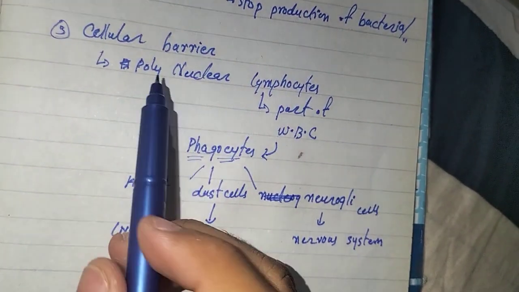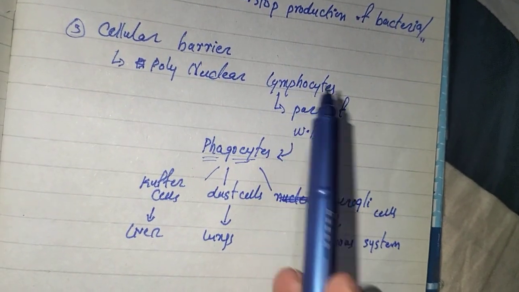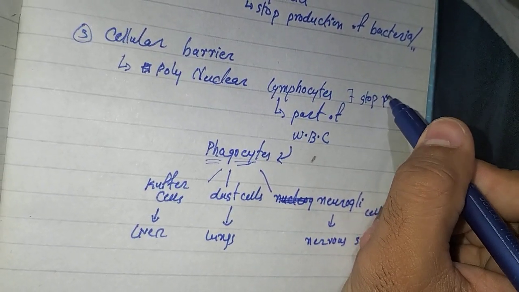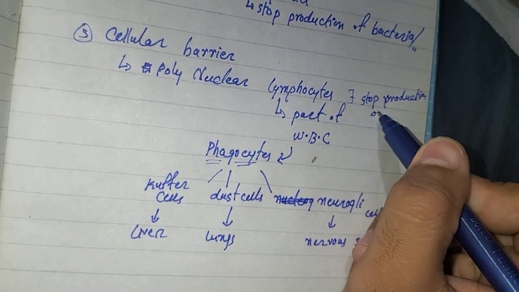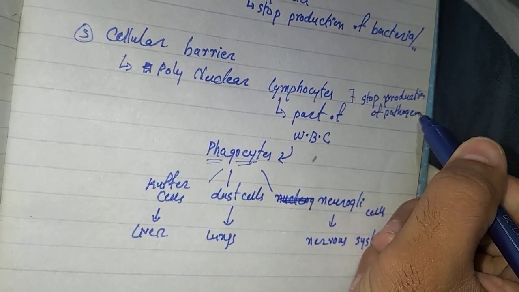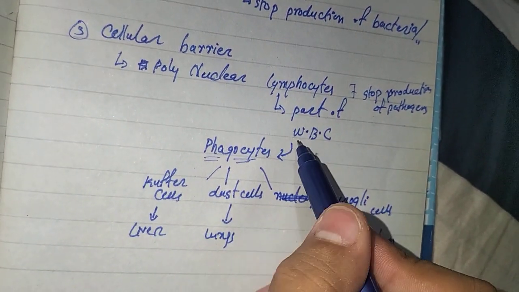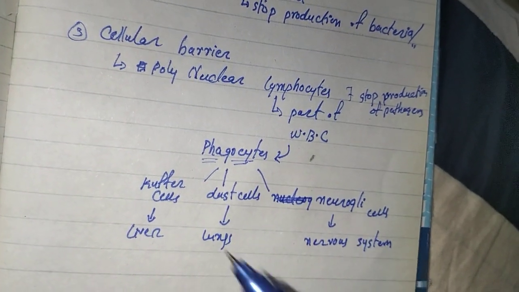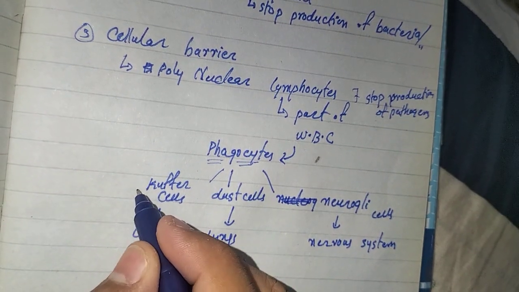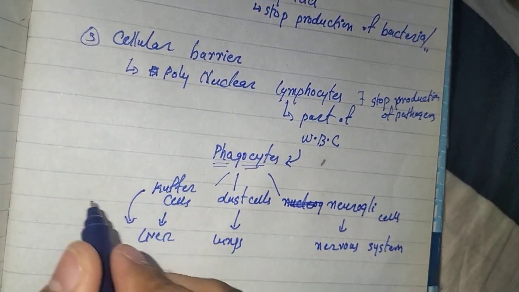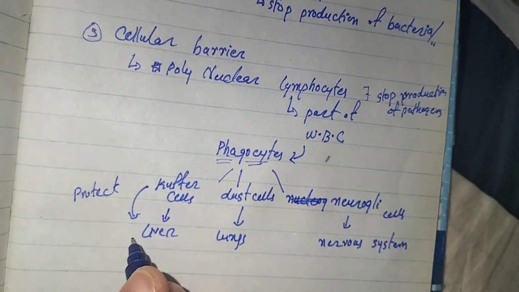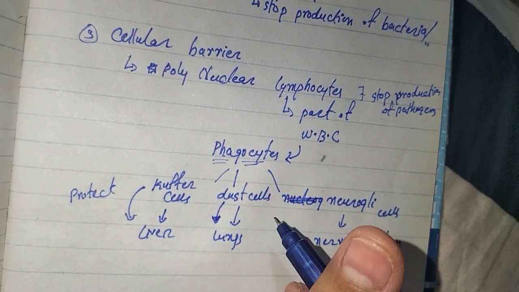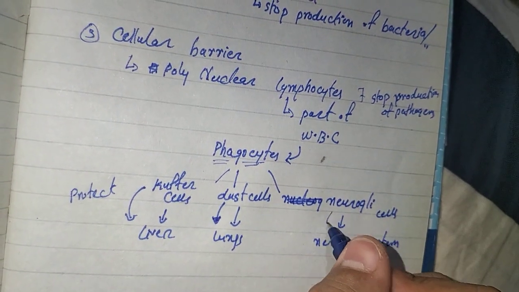So the cellular barrier includes lymphocytes, which stop pathogens in a different way than phagocytes, which are also part of the white blood cells.